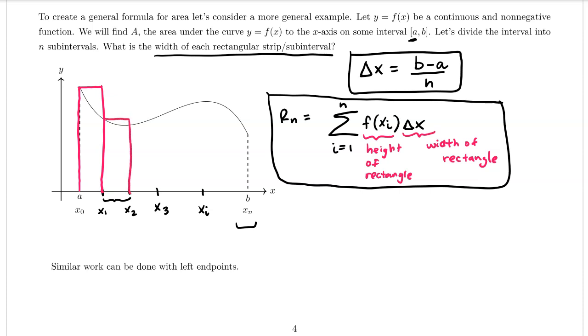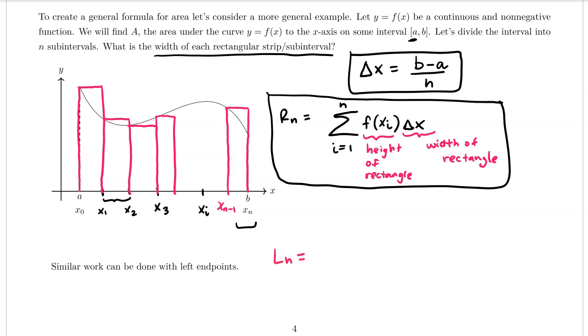So that's going to look something like that. And then x sub 2, it's going to look something like that. X sub 3 is going to look something like that. And so on and so forth. And then my last rectangle, here this would be x sub n minus 1. My last rectangle is going to have its height based on my second to last x value. So that's there.